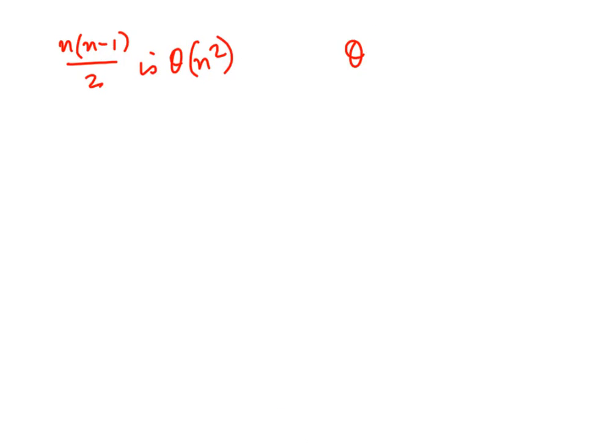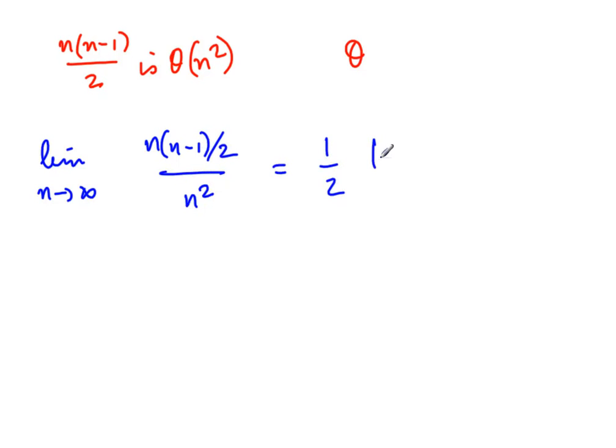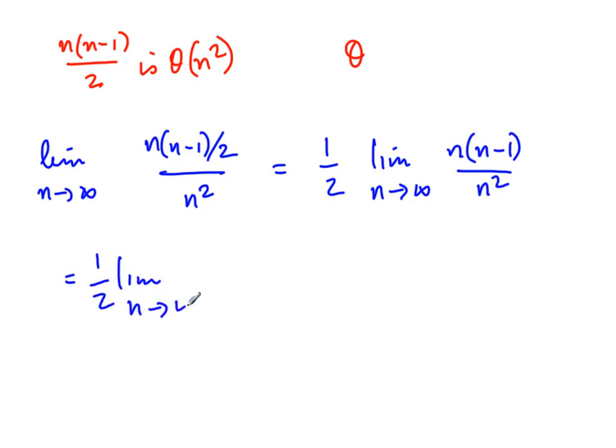Now if we do this limit calculation of n times n minus 1 by 2 divided by n squared, then we can pull out this half factor. So we get half, and this is just simple algebraic simplification, n times n minus 1 by n squared. Now we can break this up. So we get half times the limit as n tends to infinity of n squared by n squared minus n by n squared.